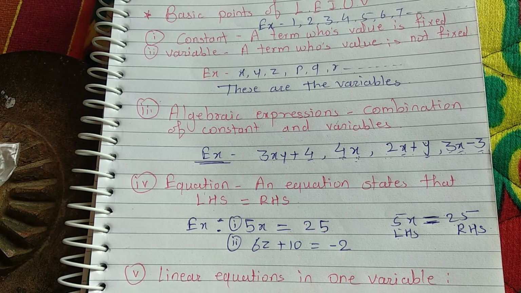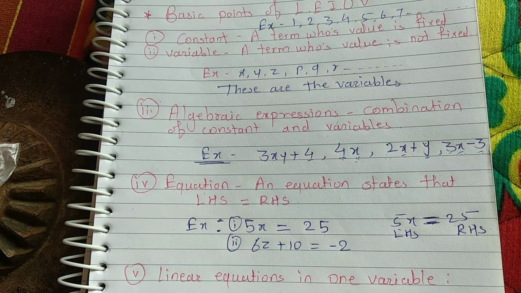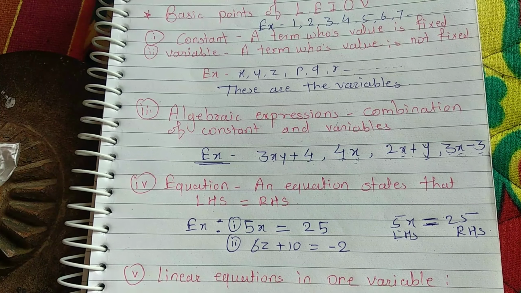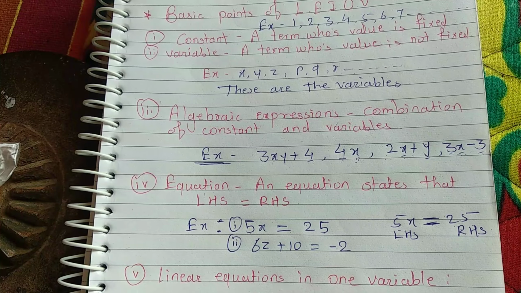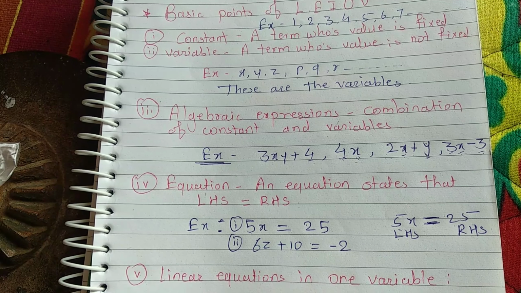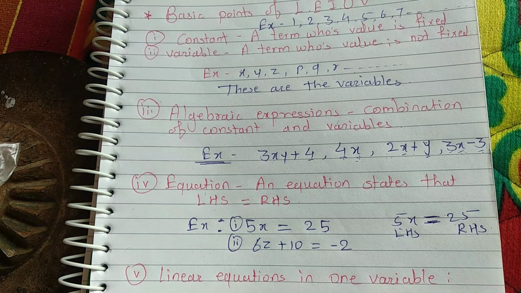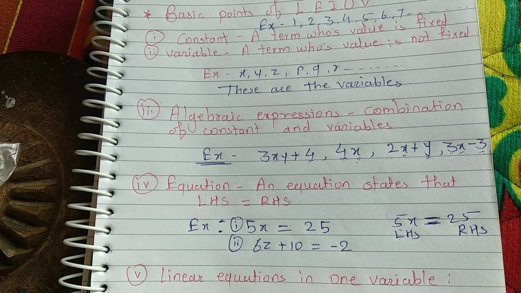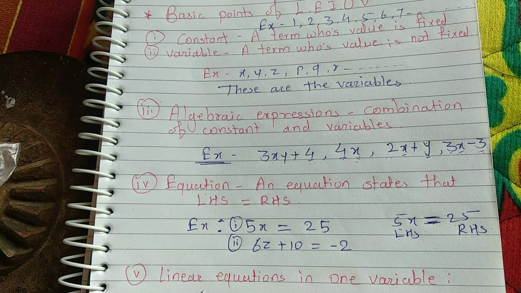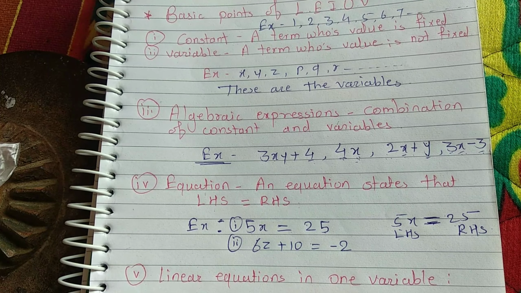Next point, linear equation in one variable. First we see one equation: x plus 3 is equal to 10. Here only one variable x is present, and the highest power of this variable is only 1.